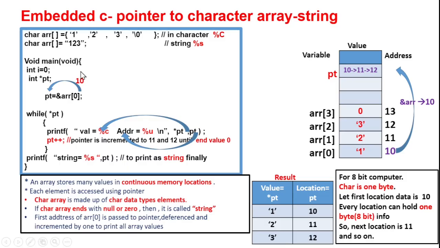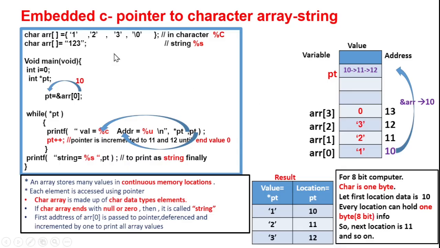Next we have a character array. So 1, 2, 3, 0. What happens when you create an array? These 4 will be placed consecutively starting at address 10. Let's take the second example. We are giving some values 1, 2, 3 and 0 also will be created.